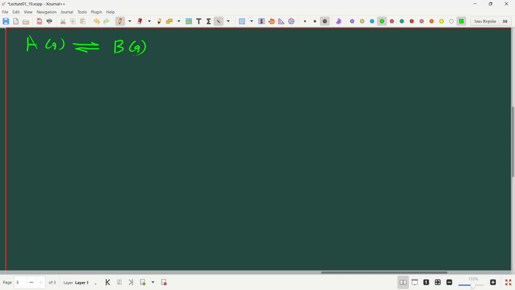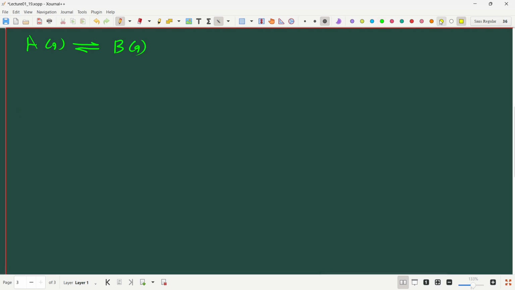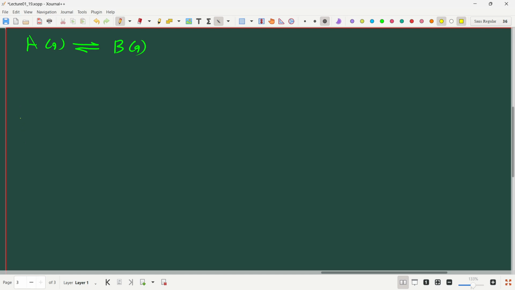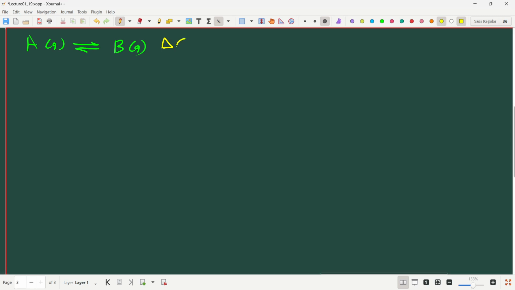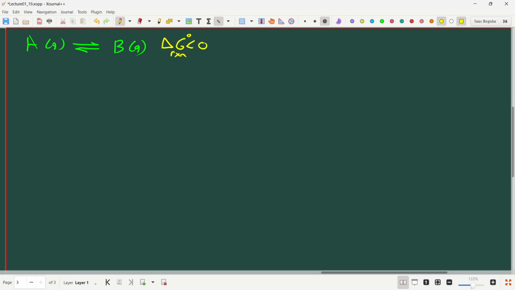So let's have A to B. So let's think about the energies of A and B by themselves. Let's say that this is a reaction, delta G of reaction is less than 0. Okay, so it's going to go downhill in energy.